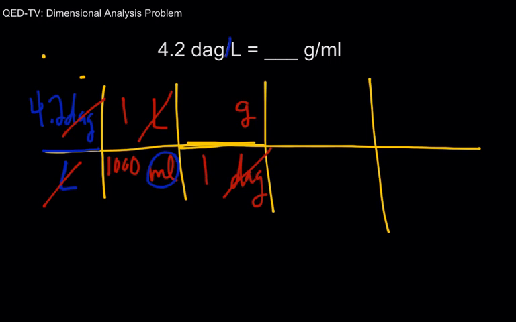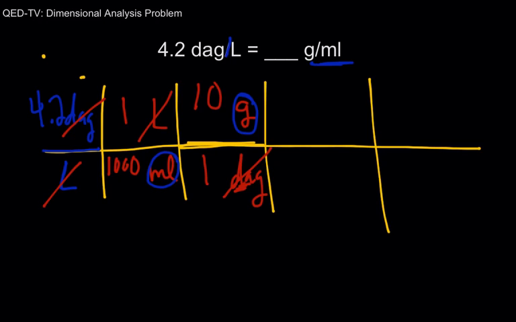Deca, D-A, means 10, so 1 decagram means 10 grams. And on the top, I can say, aha, I found you, I wanted grams on the top. Now if you look at your units, you have grams on the top and milliliters on the bottom. Those are the only dimensions left, and that's exactly the way you needed them, grams over milliliters.